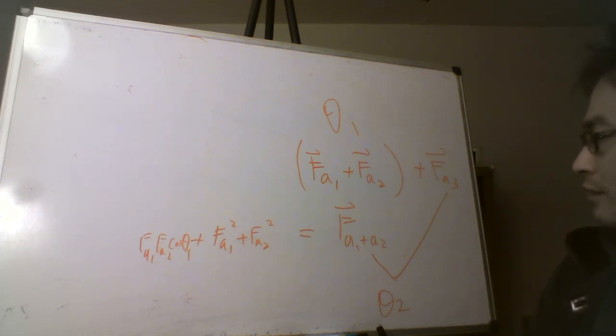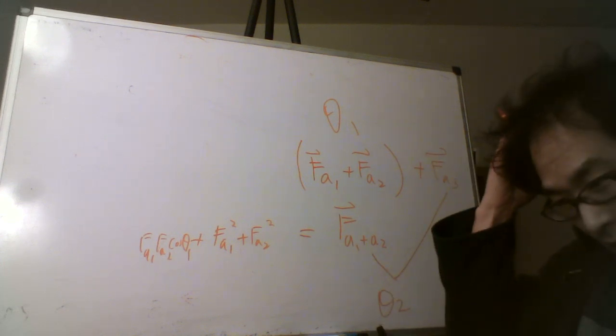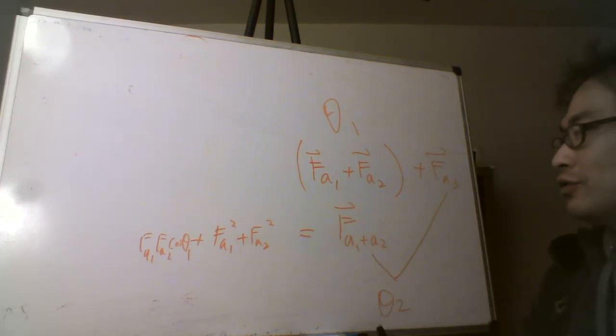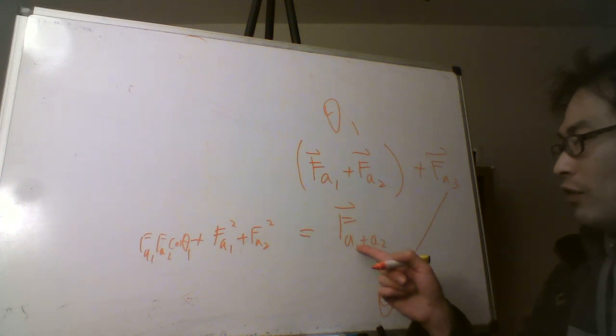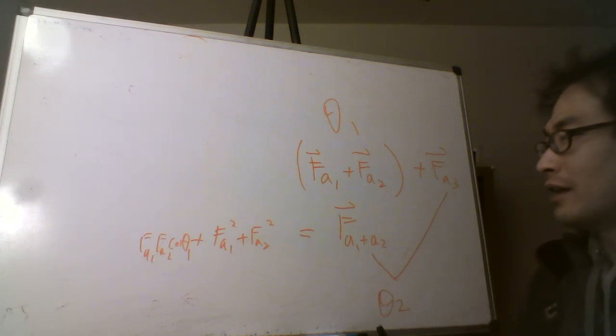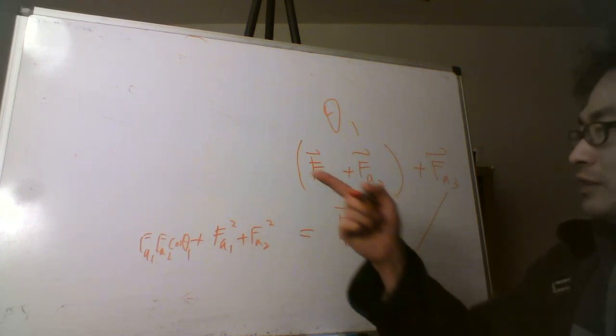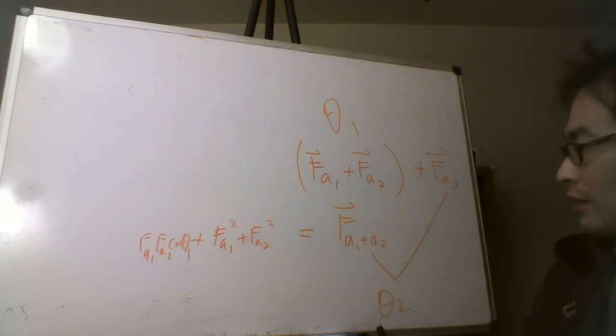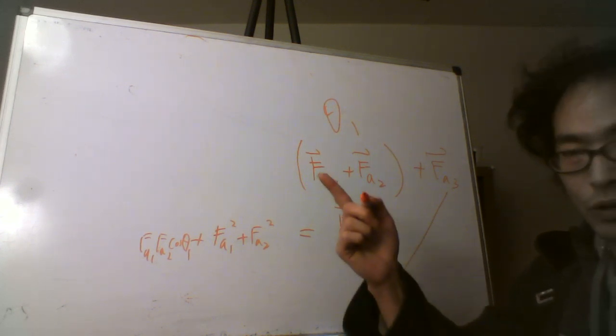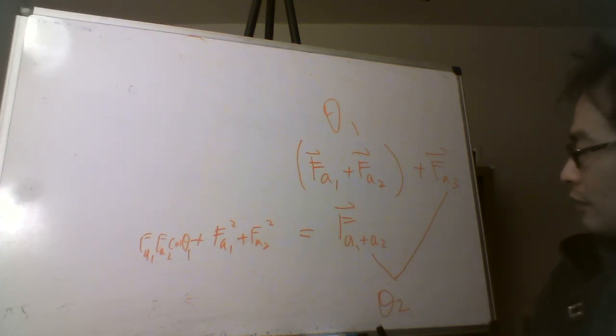Now, oh boy, it's very recursive, okay? That's the magnitude of this vector, f of a1 plus a2. What's the direction of that? Well, it has some direction in the middle, kind of, okay? By the diagonal of this parallelogram, okay?